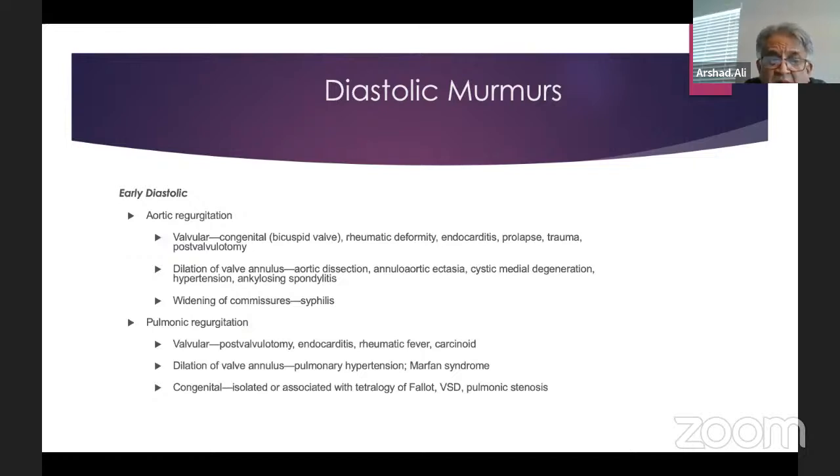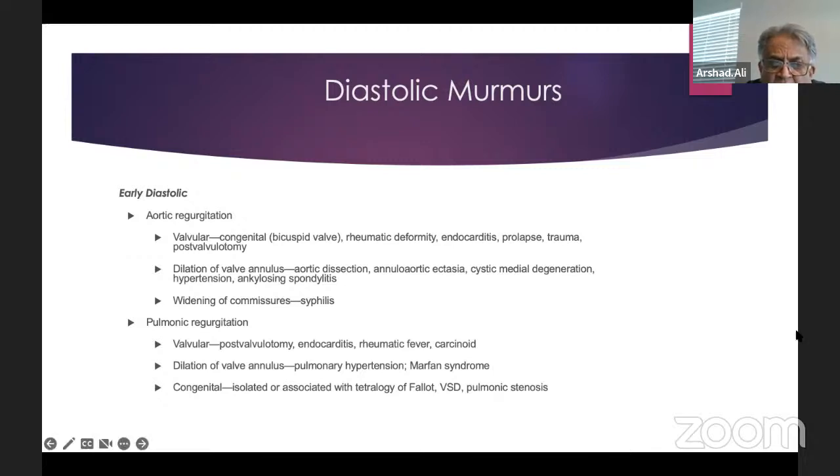Diastolic murmurs, similarly: early diastolic murmur, and aortic regurgitation is a classical example. It's actually heard around the upper left sternal edge, just below the aortic valve. There are a number of other conditions that can cause aortic regurgitation.